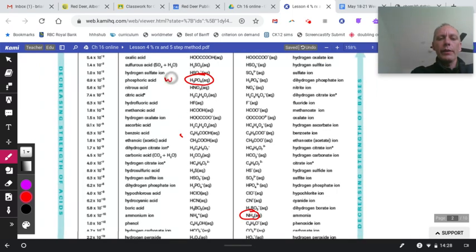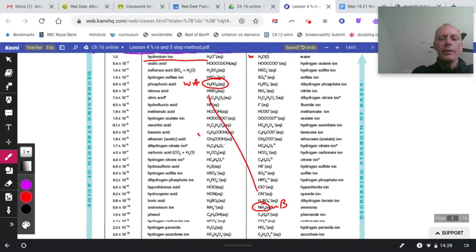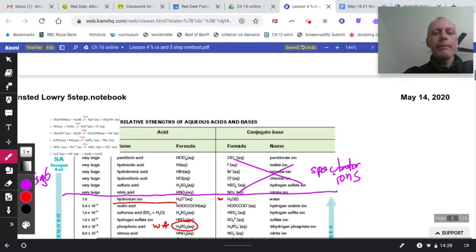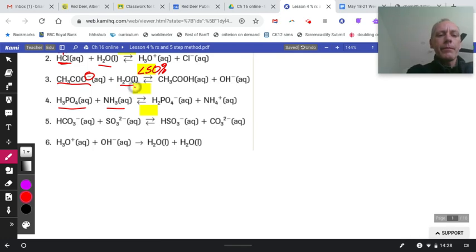So this is a weak acid. The cutoff is right there for the strong acid. So we have a weak acid and we have a weak base because the cutoff for strong bases is right there. So what are we putting when the weak acid is above the weak base? Greater than 50%.